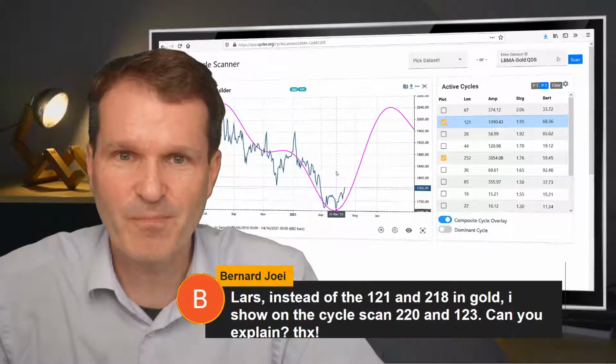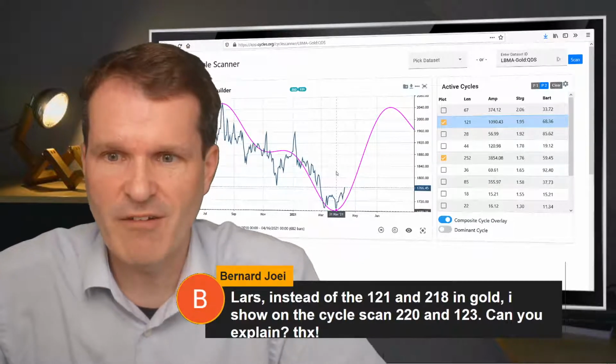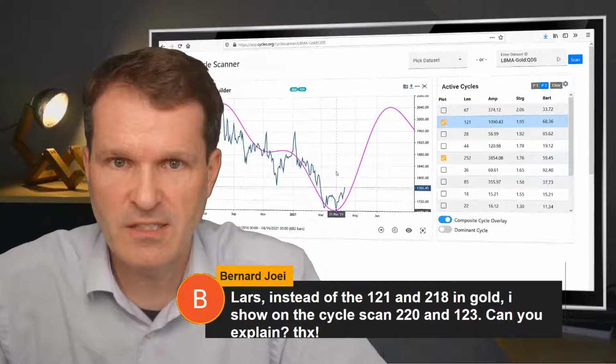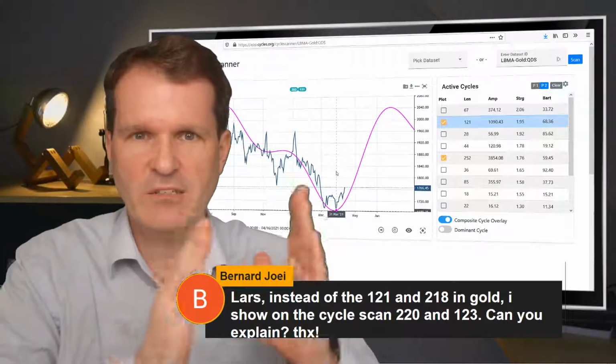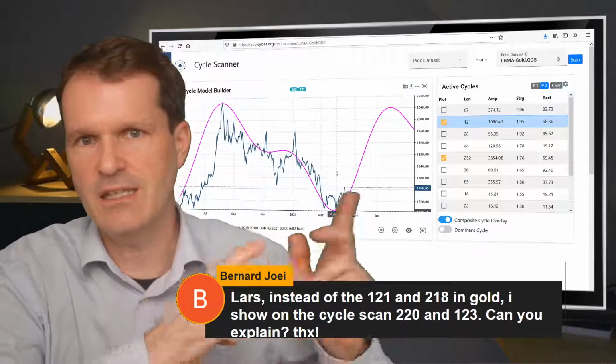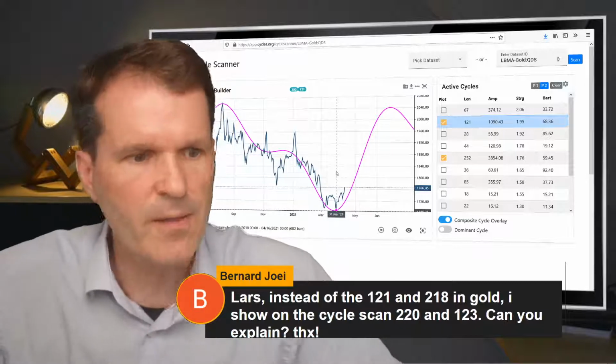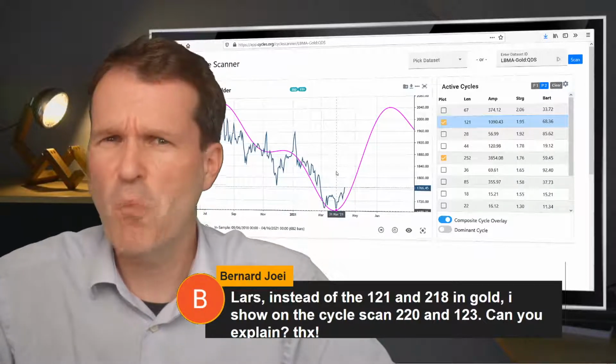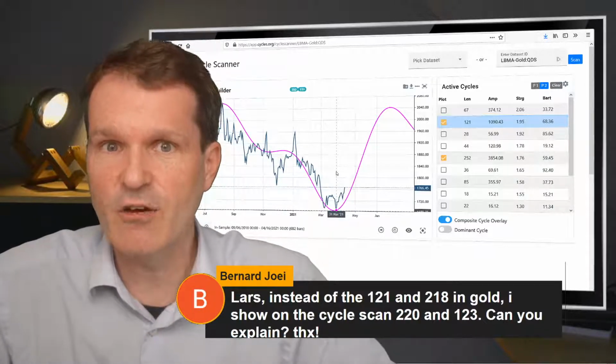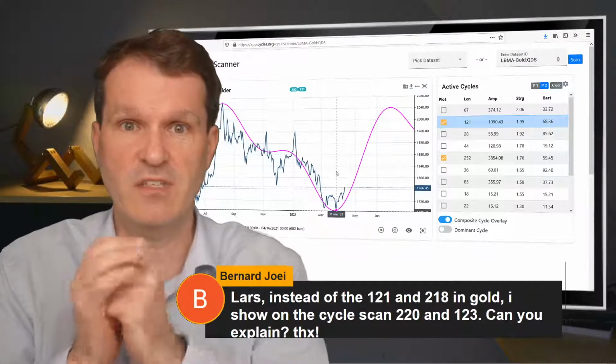Besides the length, it's always important that every cycle has a phase and a phase status. The phase means where the top and the low are in the historical data set. And even more important than the length is the correct detection of the phase of this cycle.